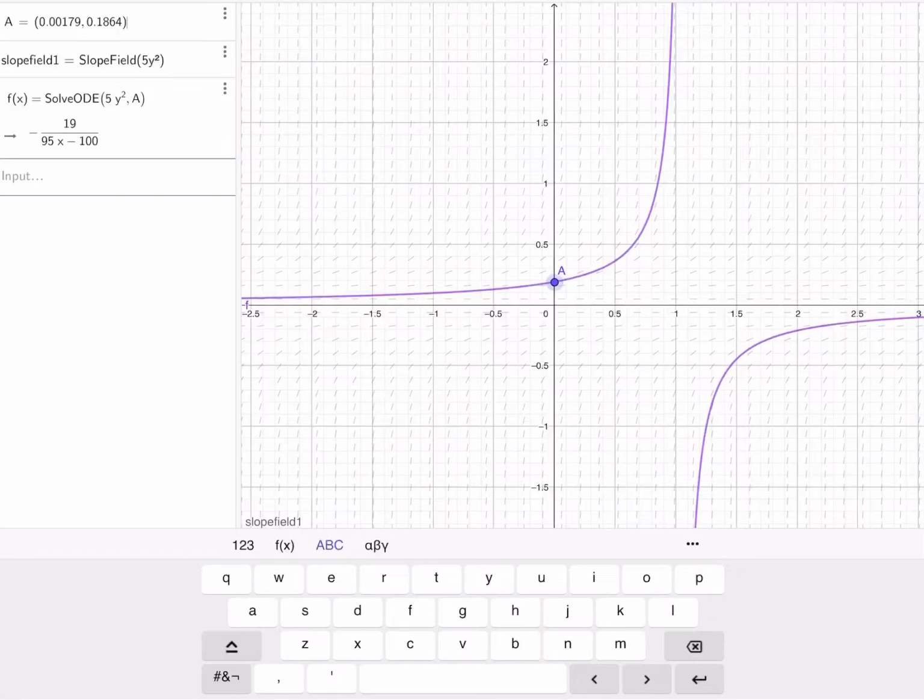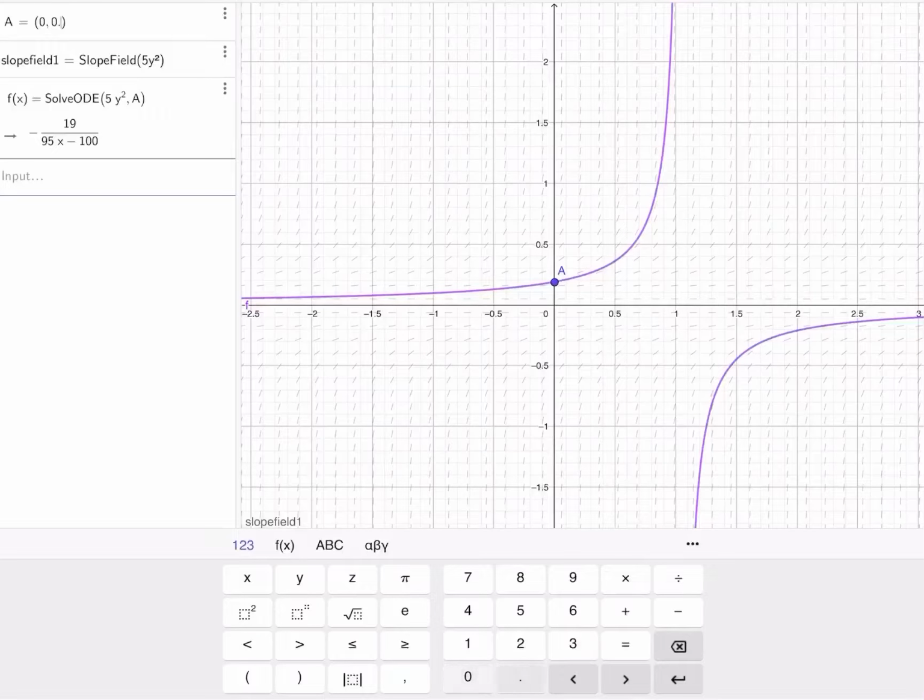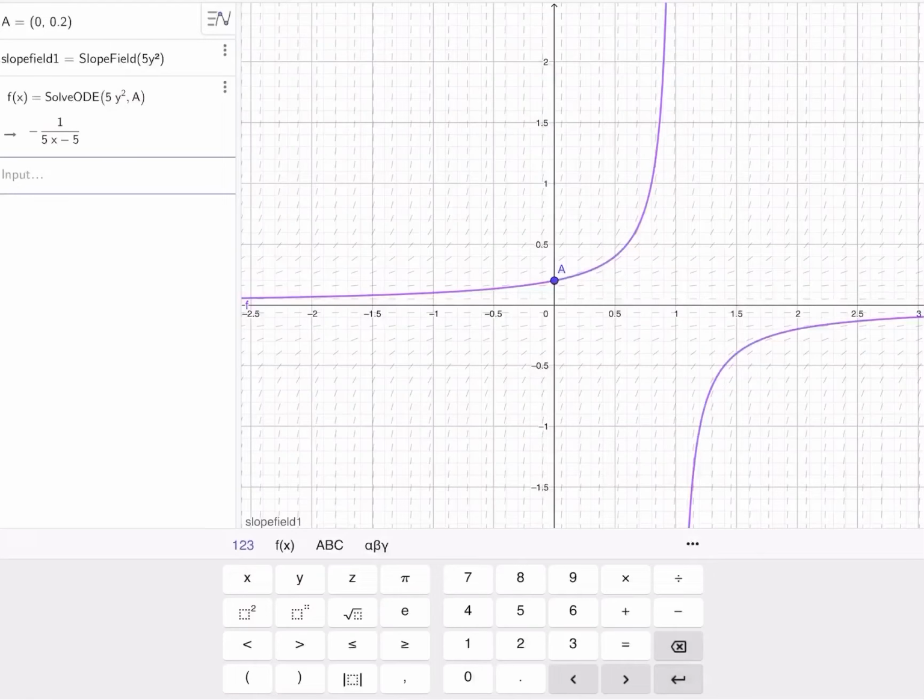I'll just correct that. 0, 0.2. All right, so there we go. That's the graph, all right? And the equation's given to us on the left-hand side there too. -1 over 5x minus 5.